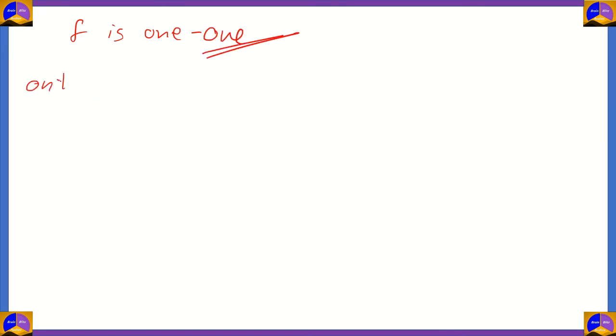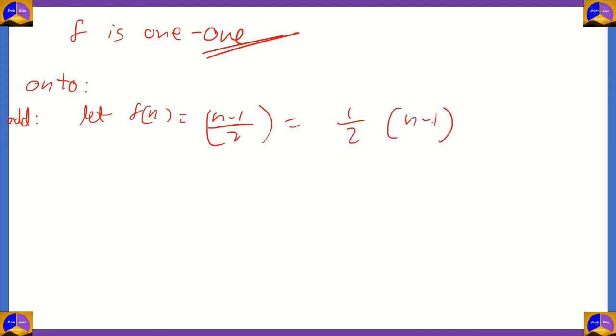Now to prove whether the function f is onto, let's look at the odd case and even case separately. So let f of n be equal to n minus 1 by 2. So n minus 1 by 2 can be written as 1 by 2 times n minus 1.